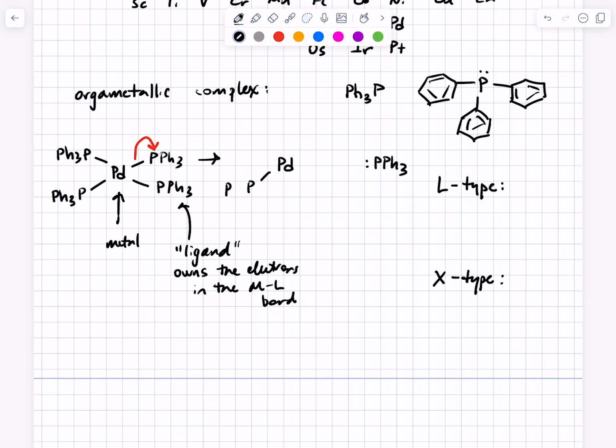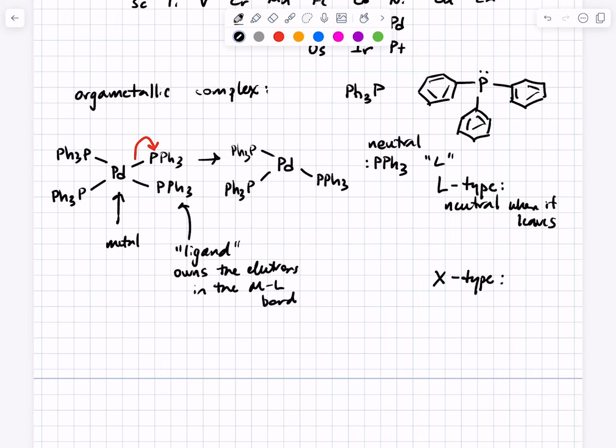In this case, when triphenylphosphine takes the electrons from the metal-ligand bond and leaves, it leaves as a neutral molecule, and therefore it is an L-type ligand.